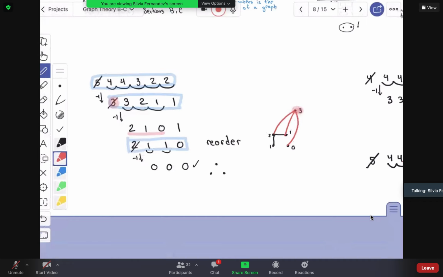Make sense? And so now my degrees changed, right? Because this one had degree 2, but now that I added this edge, this one becomes degree 3. So I can recalculate my degrees. And that's still a 1. That one didn't change. This one didn't change. But the others changed once I added my new edges.